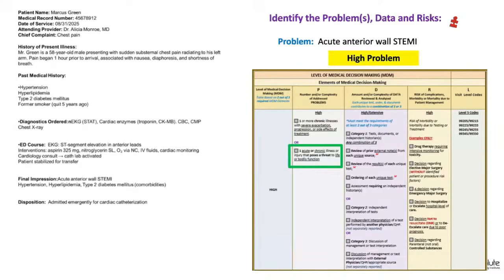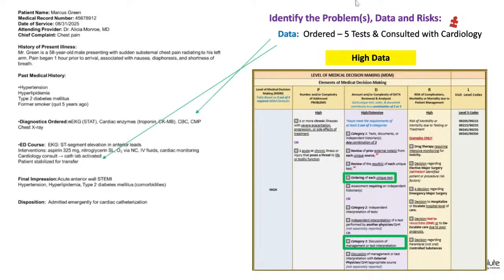Yeah, it is high, but I'm going to show you how to know if it's high. The reason it's high is because there were 5 tests ordered and the physician consulted with another doctor in cardiology. If you look under data, it says you have to meet 2 out of the 3 categories.